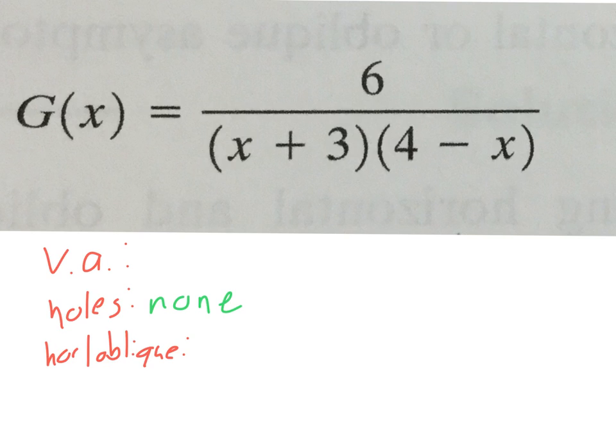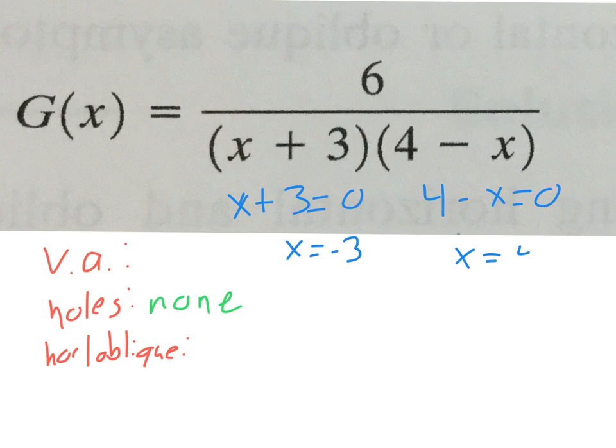Now, where do the vertical asymptotes happen? Where the denominator is equal to 0. So I'm going to solve both of these. I'm going to say, well, what happens when x plus 3 is 0? It's -3. And what happens when 4 minus x is 0? So this would be when x is -3, I have a problem.